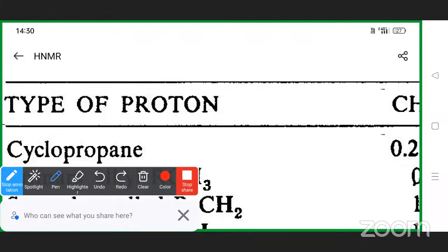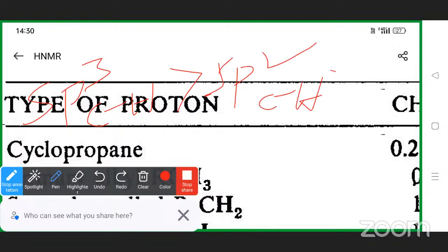So the electronegativity of these protons is going to increase from top to bottom. Like here we see sp3 carbon proton, then sp2 carbon proton, then sp carbon proton. So the electronegativity is more for the sp.